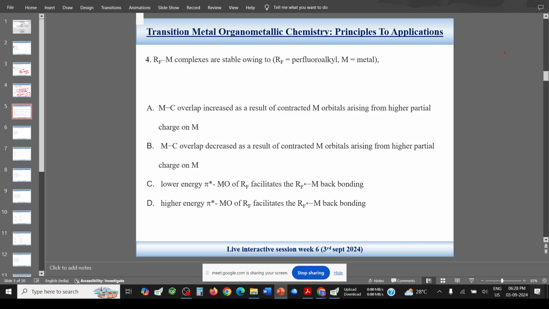The next question is: RF metal complexes, that is the perfluoroalkyl metal complexes, are stable owing to: option A, M-C overlap increased as a result of contracted metal orbitals arising from higher partial charge on metal; M-C overlap decreases; lower energy pi star MO of RF facilitates metal to perfluoroalkyl back donation or back bonding.